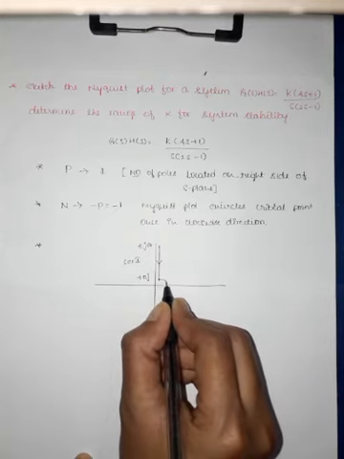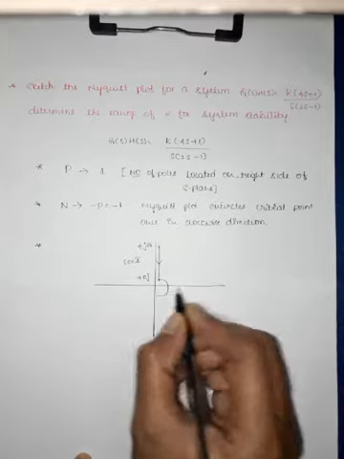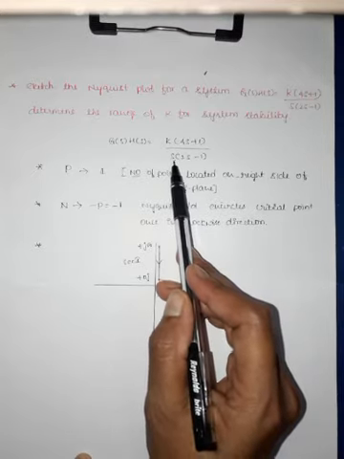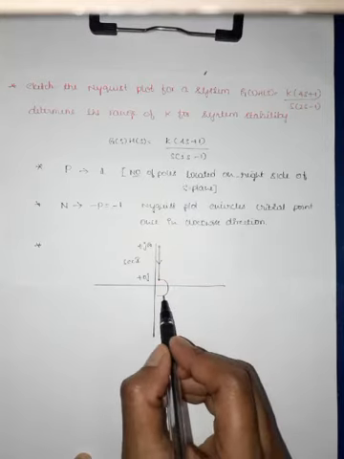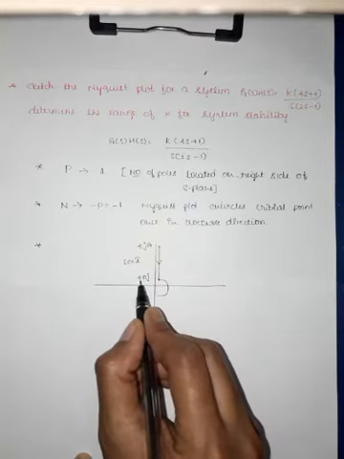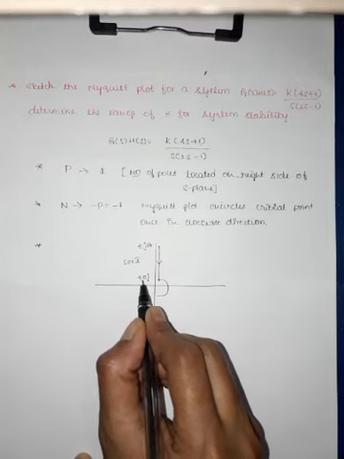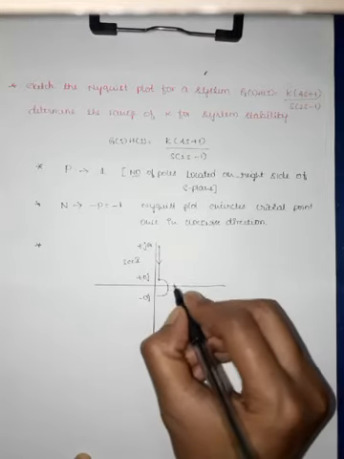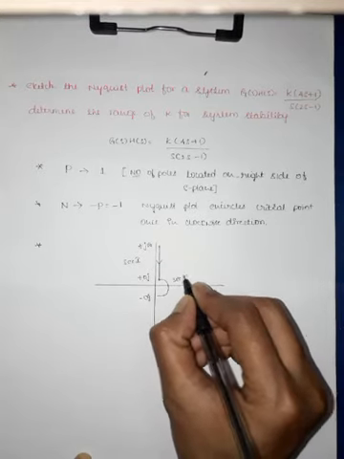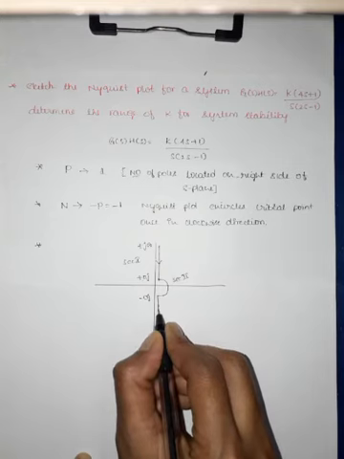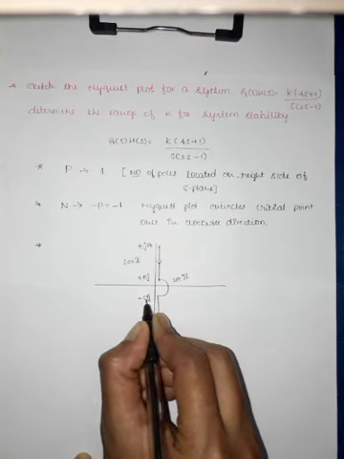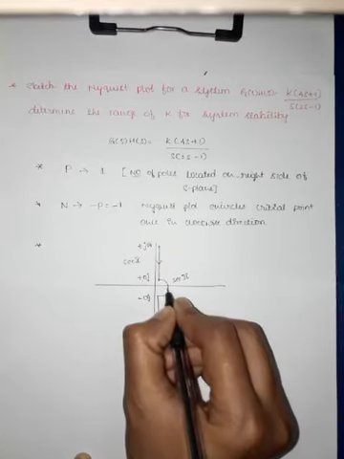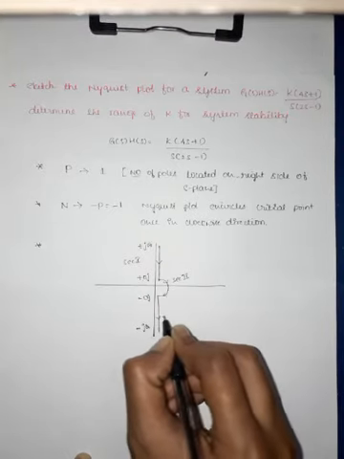Again we are going to have a second section. This section is because of the one pole located at the origin. Its starting point is plus 0 and the terminating point is minus 0. This is section 2. In the third section, the starting point is minus 0 and the terminating point is minus infinity. This is section 3.